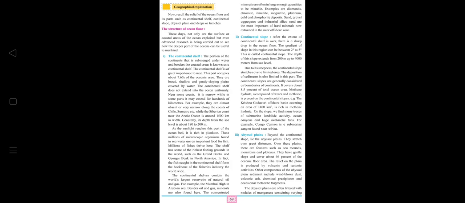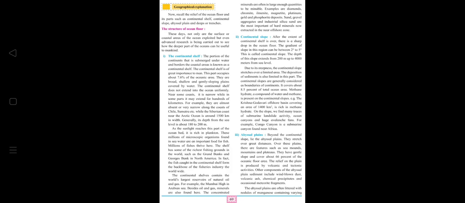Then the third one is the abyssal plains. Beyond the continental slope lies the abyssal plains. So the continental shelf is the first one, the second one below it is continental slope, and beyond the continental slope lie the abyssal plains. They stretch over great distances.